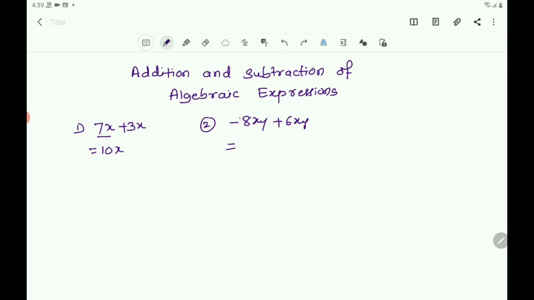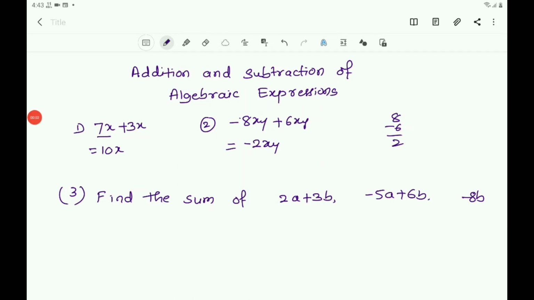As they have different signs, we have to subtract the smaller number from the greater number, that is 8 minus 6 is 2. Here you write 2xy, but the sign is minus because 8 is greater than 6 and it has the negative sign.